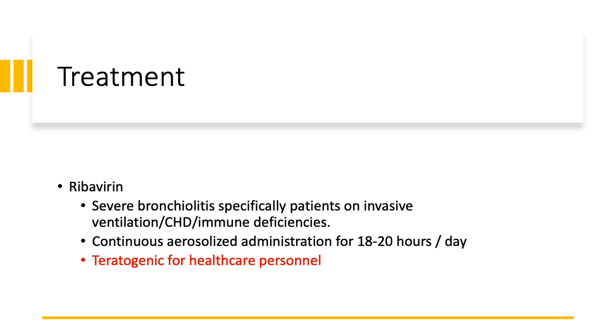So, to sum up, the mainstay of therapy of acute bronchiolitis is supportive. With all the supportive management during the acute phase of 5 to 7 days, most of the infants tend to improve, and then they can be discharged.